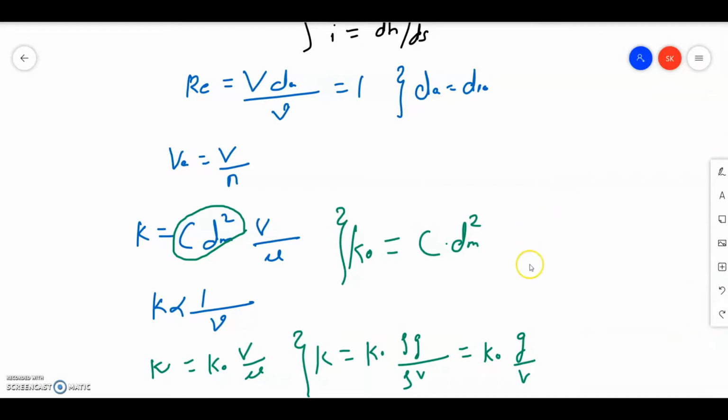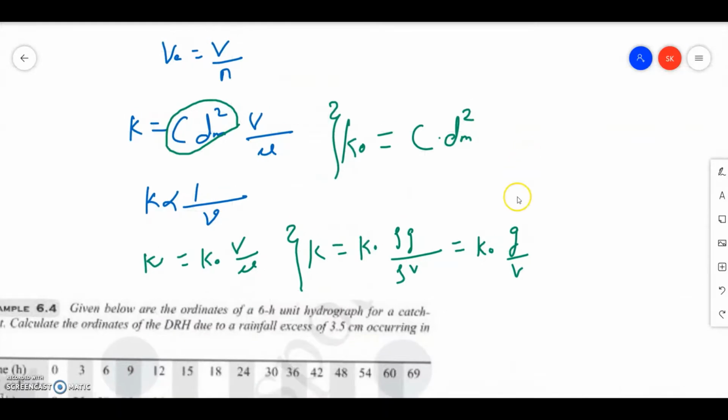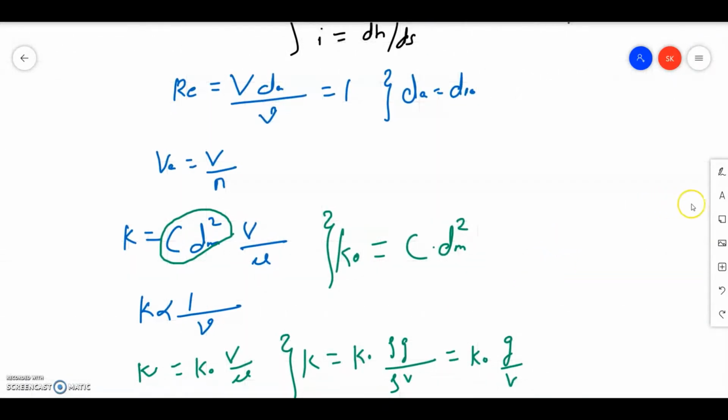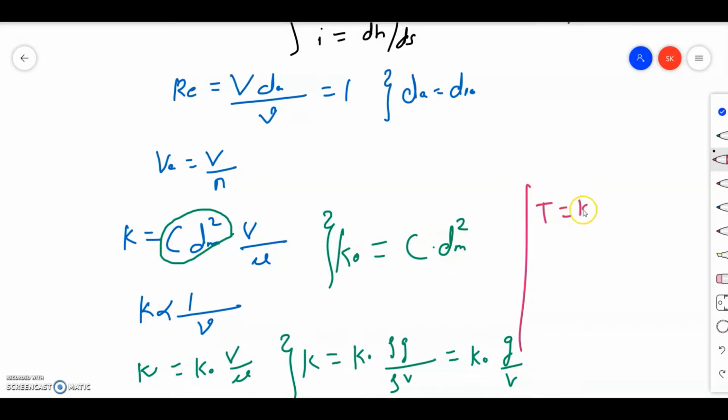One more terminology we will discuss, that is the transmissibility. So I will just mention the transmissibility. Transmissibility is nothing but the ability to transmit the fluid. So here in this box I will mention transmissibility, that is T is equal to K into B. So what is meant by K?